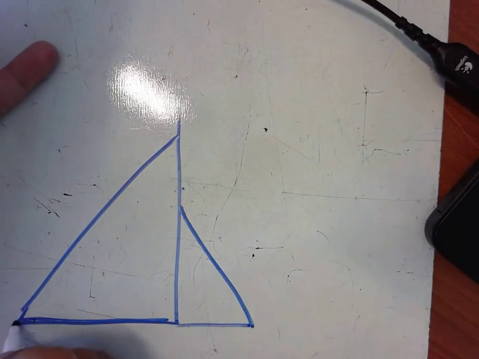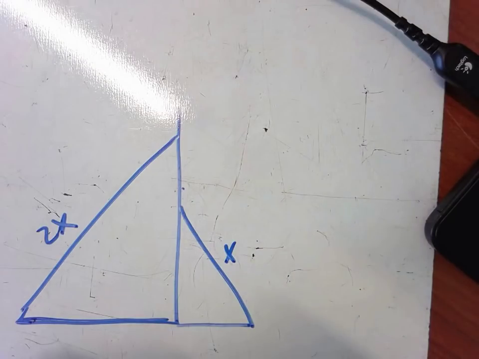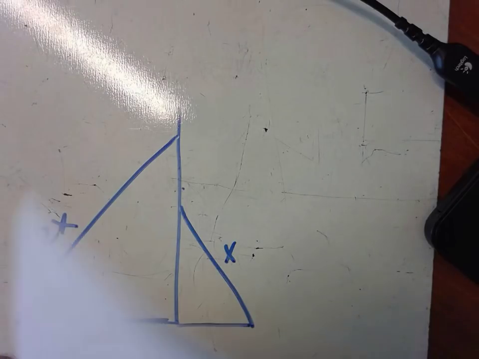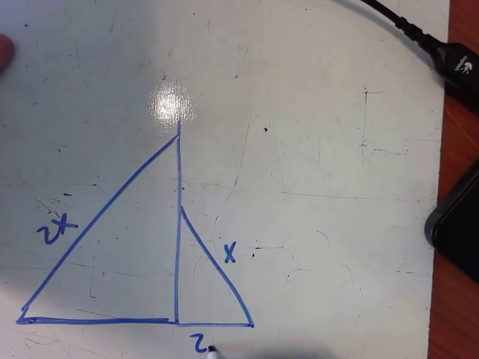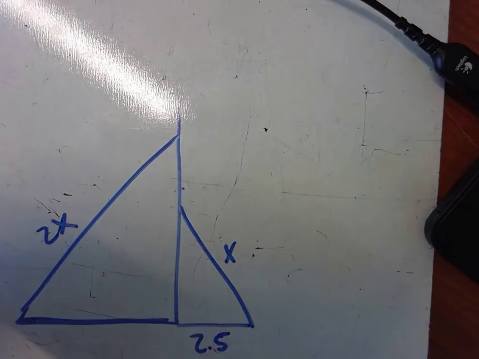All I know is that this ladder is 2 times that ladder. The shorter ladder is placed 2.5 feet away. 2.5. 5 feet away.